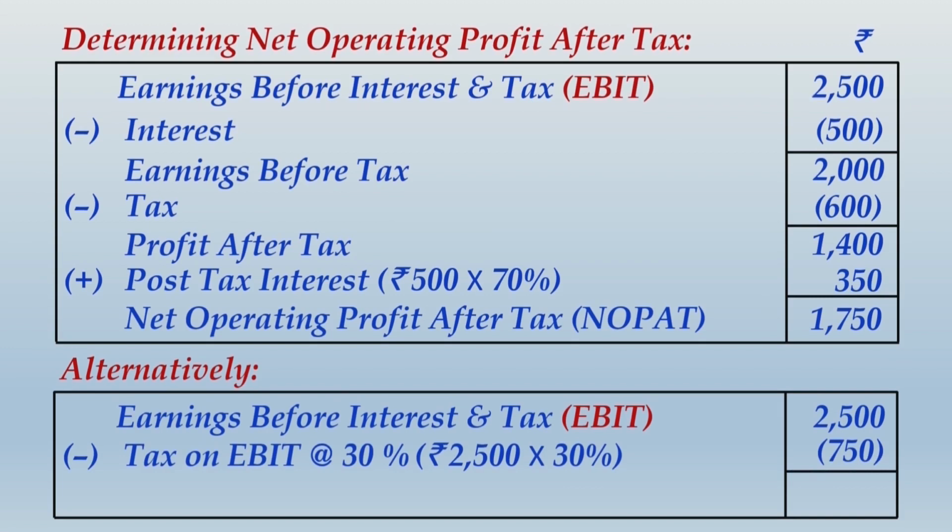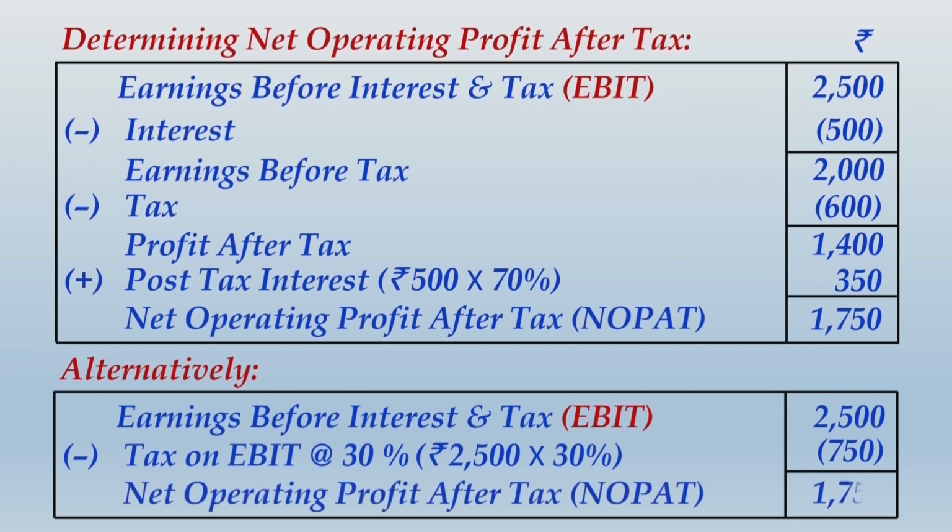It would give you 750, and when you subtract 750 from 2500, you get net operating profit after tax, the same amount as you got earlier. So in exam you can follow any approach. Obviously the second approach will be much easier and quicker, which we would prefer doing ahead. So I want all of you to write it down, and once you have completed writing, we will definitely move ahead.